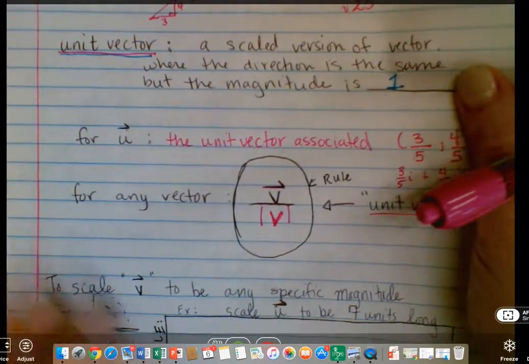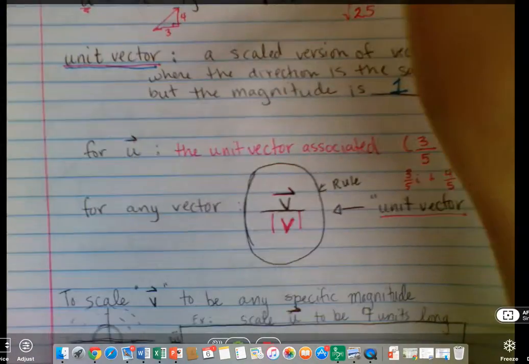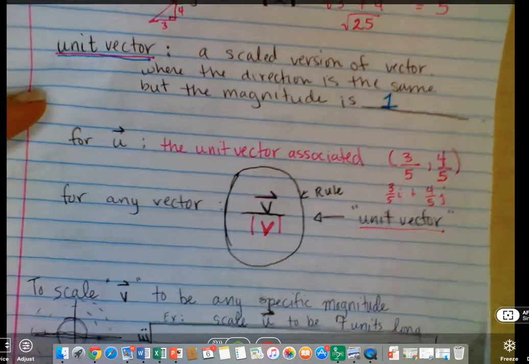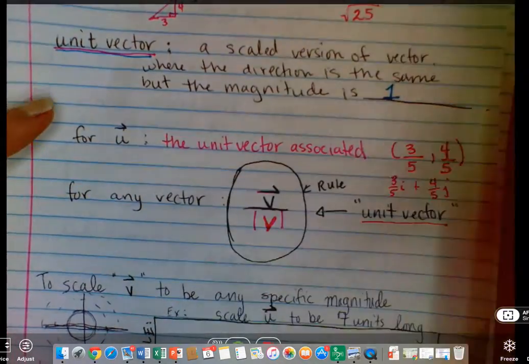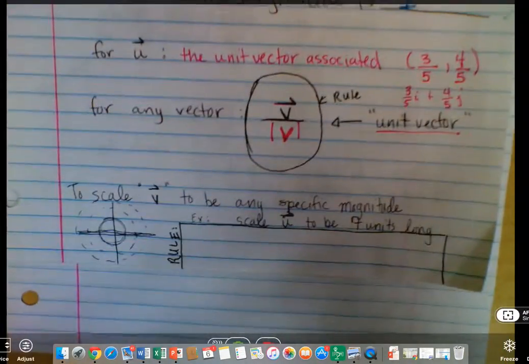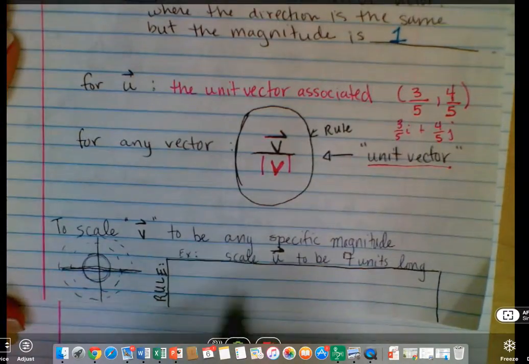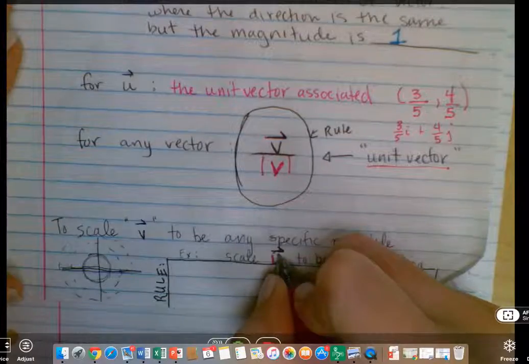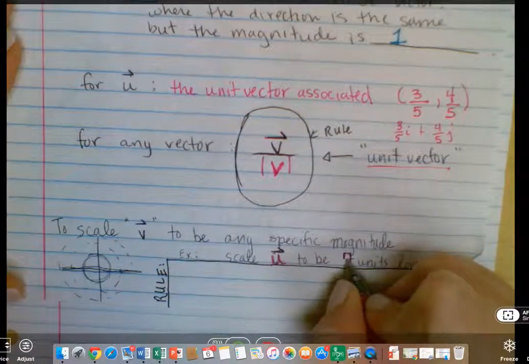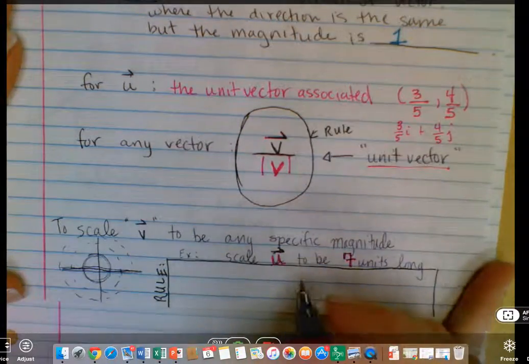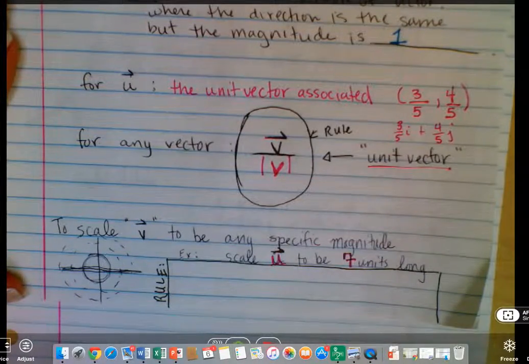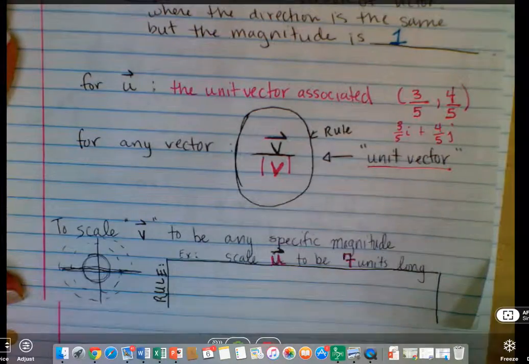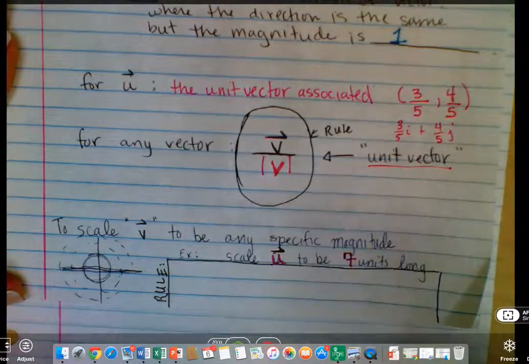So let's say that now I want to take my vector and I don't want it to be 1. Let's say it started at 5, my original vector. It started at 5 long, but I don't want it to be 5 long anymore. Let's say I want u to be 7 long. Well, anytime I want something to be a certain length, the easiest thing to do is to scale it down and then scale it back up.